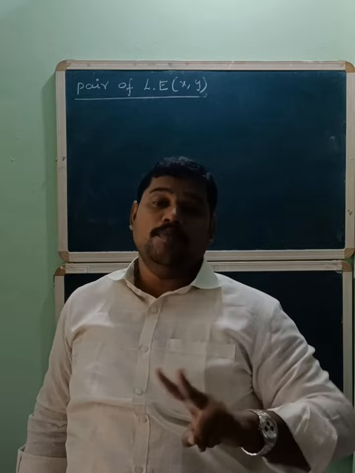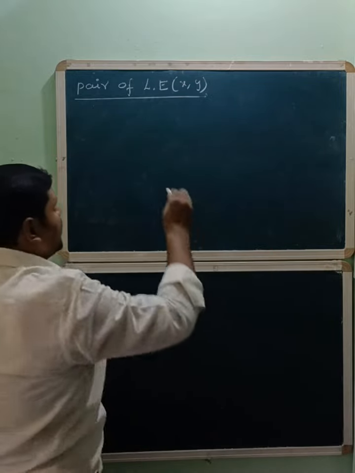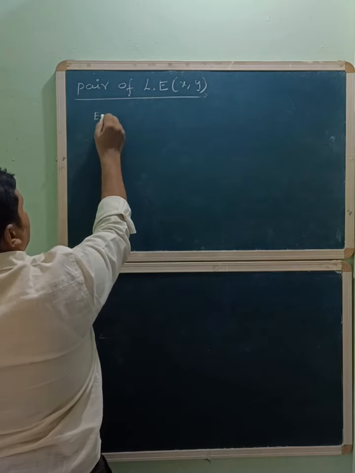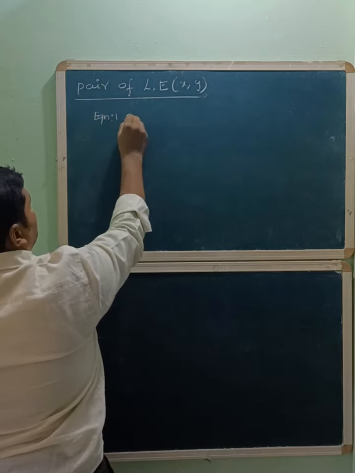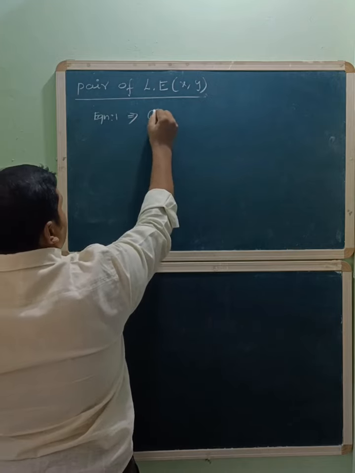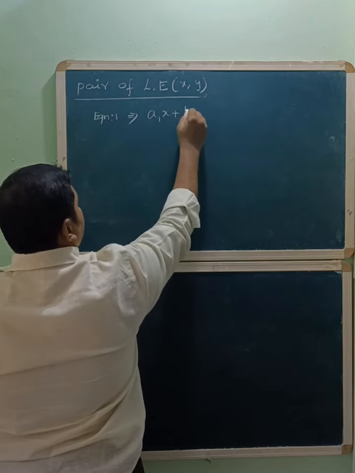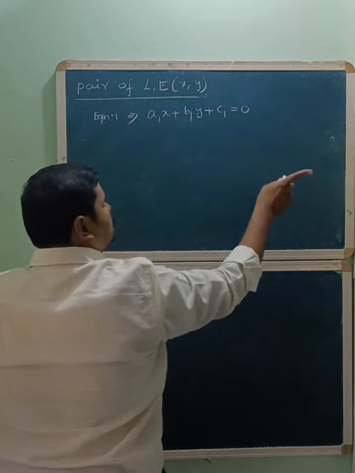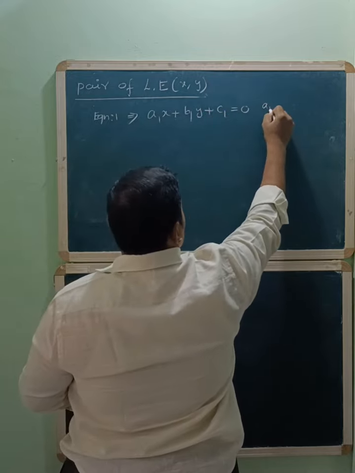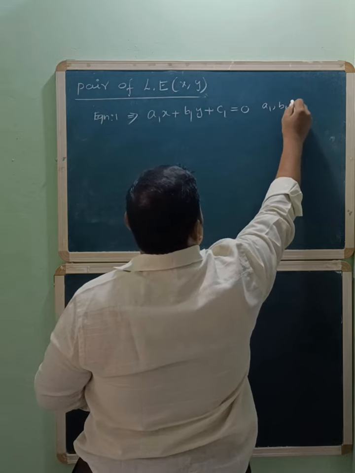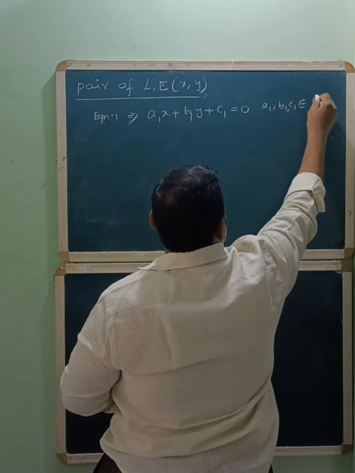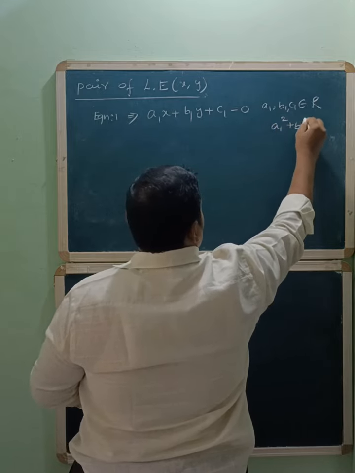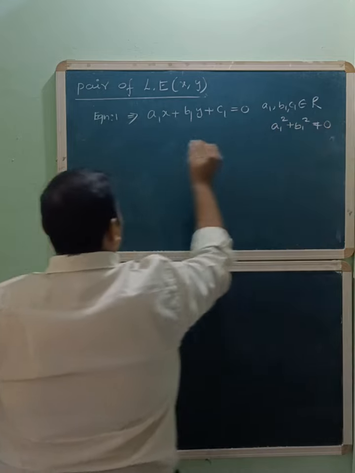Pair means two, a couple. The general form: take the first equation, equation 1, a1x plus b1y plus c1 is equal to 0, with the condition that a1, b1, c1 belong to real numbers and a1 squared plus b1 squared is not equal to 0.